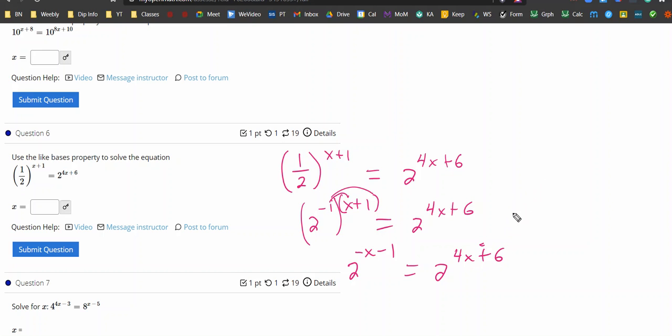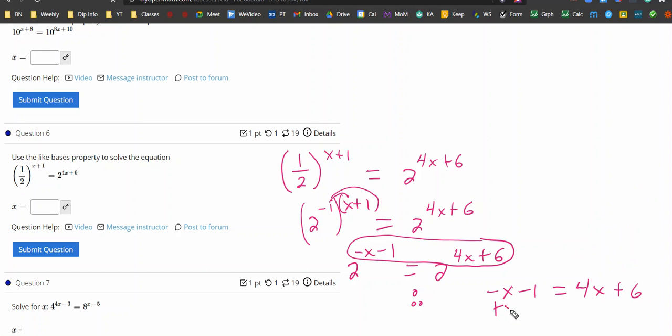So now that I have it written in that form, I can make the exponents equal to each other. So we'll say negative x minus 1 is equal to 4x plus 6. The next step is to get our x's on one side and our numbers on the other. I'm going to bring this x over to this side to keep things positive.